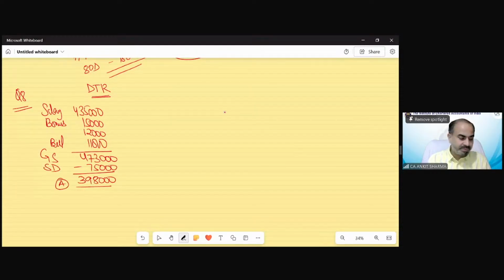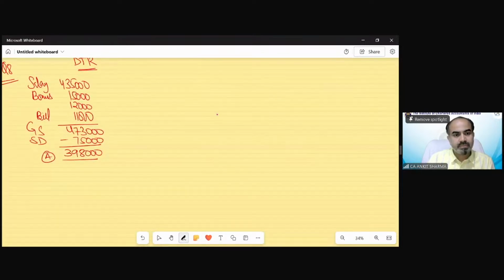Salary part solved. Now we are moving on to income from house property. For income from house property, the rent was 3,500 rupees per month. So for the full year, it would be 42,000 rupees. That would be my GAV. Less municipal taxes, which have been given in the question and paid by the owner, 4,300.